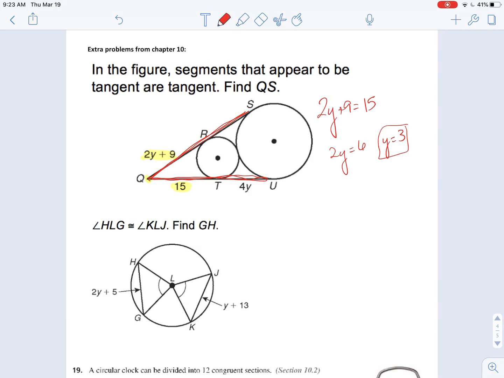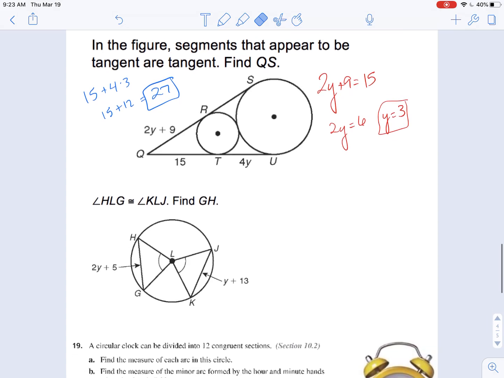So let's find QU instead. So 15 plus 4y, or 15 plus 4 times 3, 15 plus 12 is 27. And the reason why I found QU is because I know these two tangents must be congruent. They must be the same measure because they come from the same point and go to the same circle.